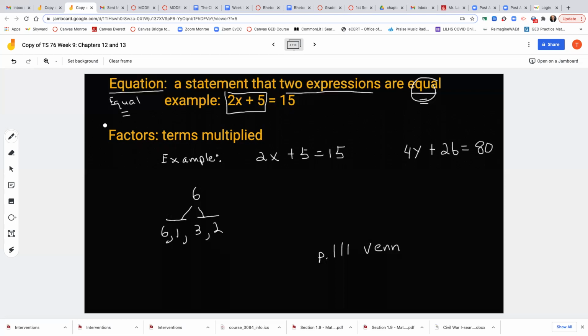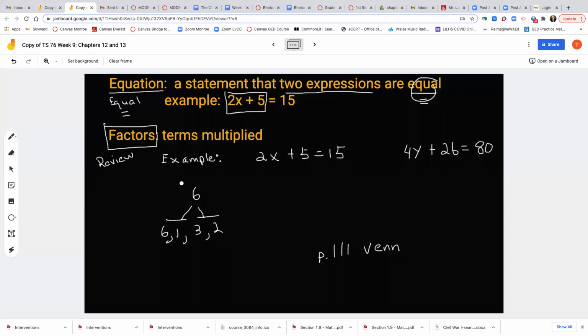All right, another term we have here, which I'm sure you're busily trying to copy down, is factors. This is kind of review, okay? By now you should have known this somewhat, but I wanted to review this in the context of looking at expressions and equations as well.